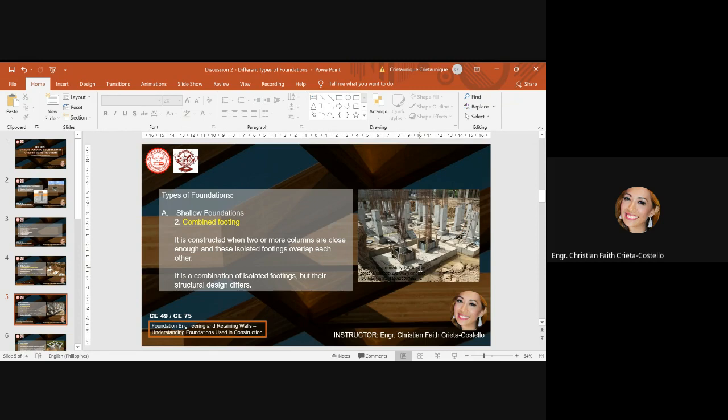However, if it overlaps, then that is the time when you are going to decide and make it a combined footing. It is a combination of isolated footings, but their structural design differs. The shape of this footing is a rectangle and is used when loads from the structure are carried by the columns.